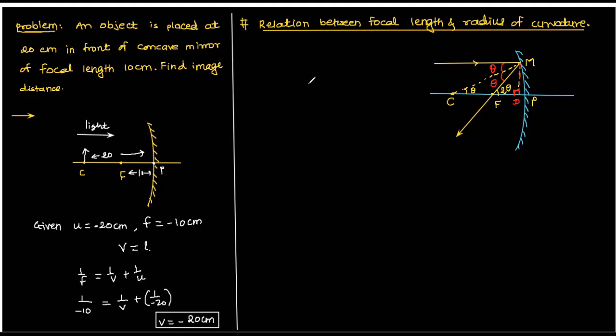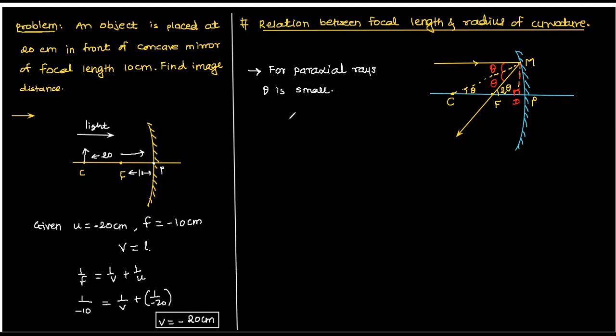Now, see here. The first point I am writing, carefully see. For paraxial rays, theta is very small. I already told this in the definition of paraxial rays: the rays which make a very small angle with the principal axis.